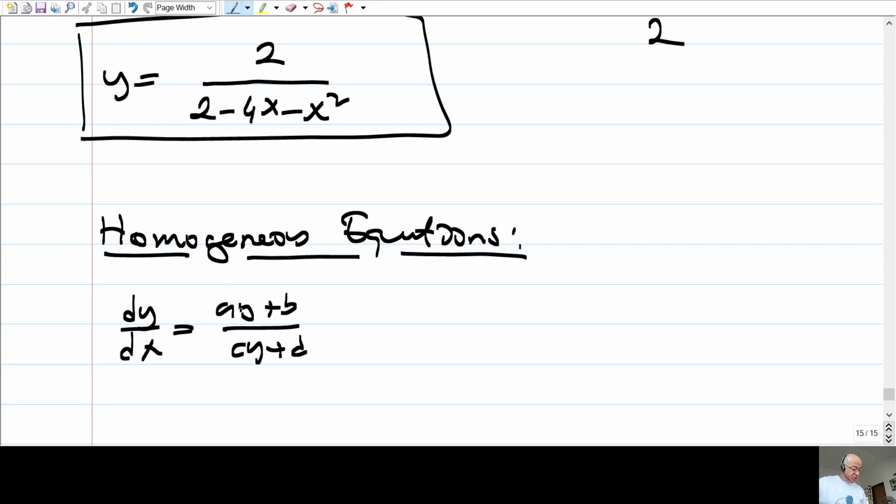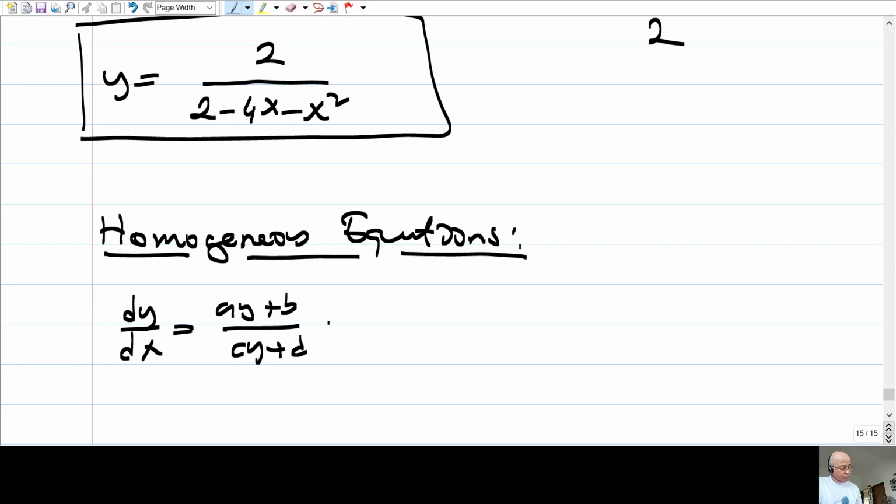Of course this is a separable equation, because I can separate x and y variables. In this case there is actually no x variable, only y variables. We can solve this. The way we solve this has a special technique.